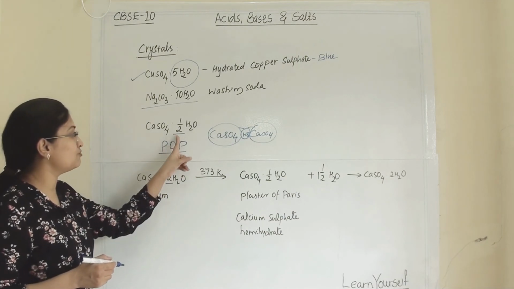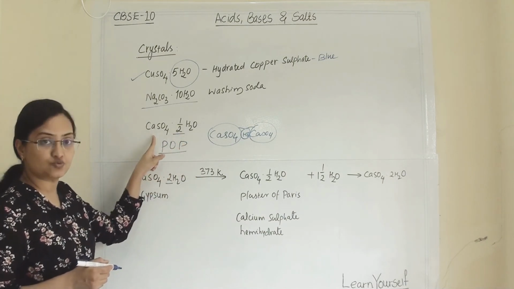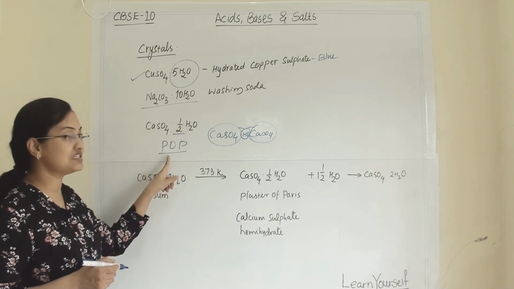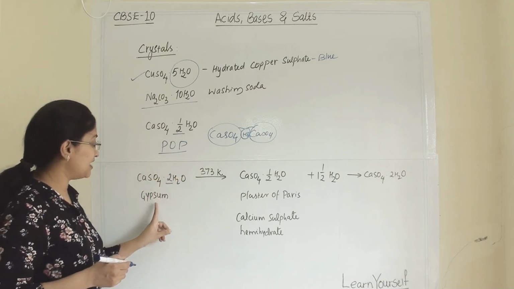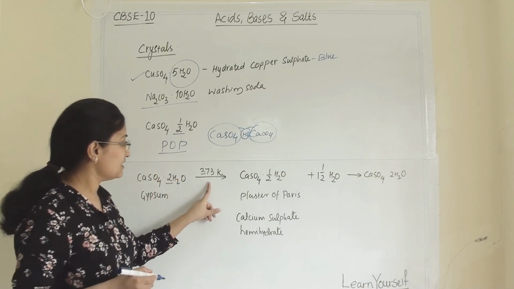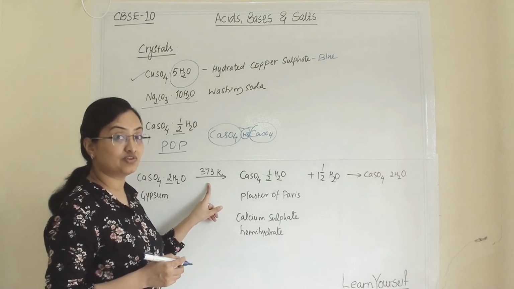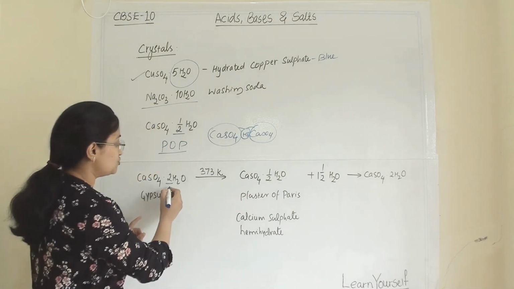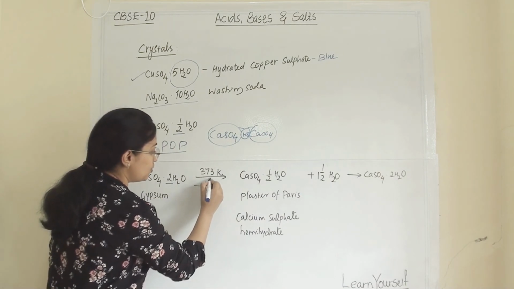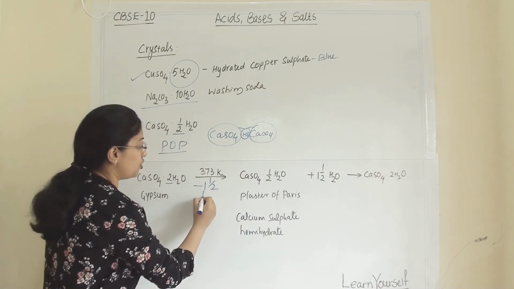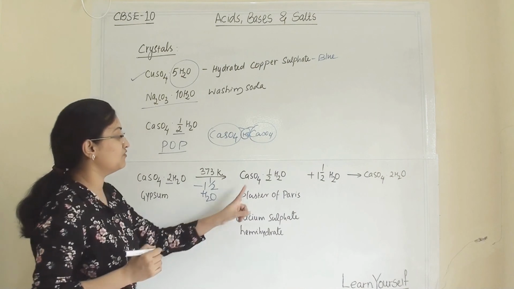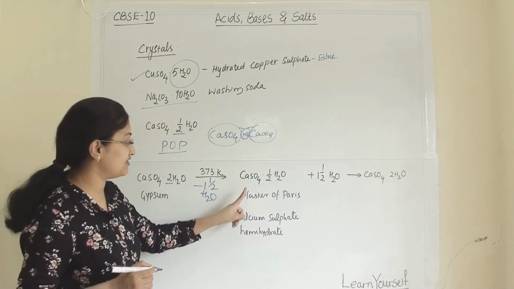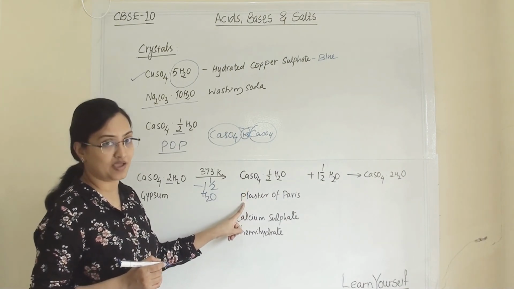But when half a molecule of water is attached with calcium sulfate, it is plaster of Paris. So when we heat gypsum at 373 Kelvin, we get plaster of Paris. It removes 1.5 molecules of water from 1 molecule of calcium sulfate and it becomes plaster of Paris.